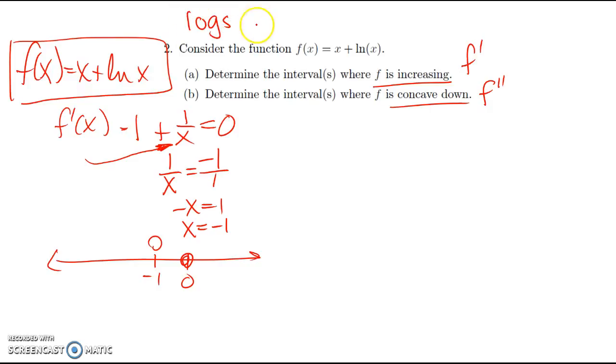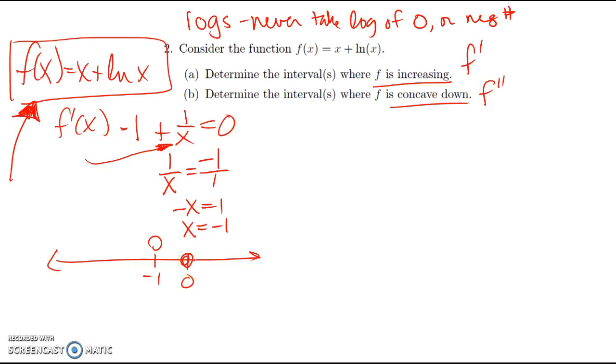Never take the log of 0 or negative numbers. So this original function isn't even available for anything that's 0 or less.